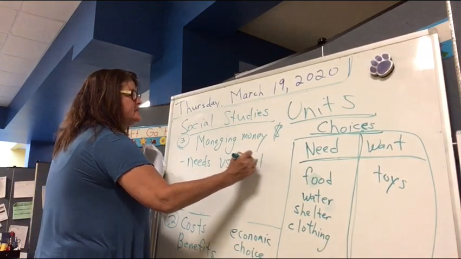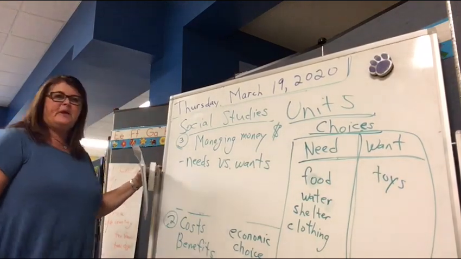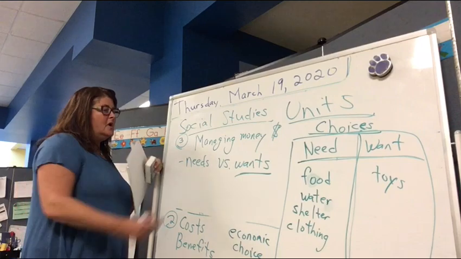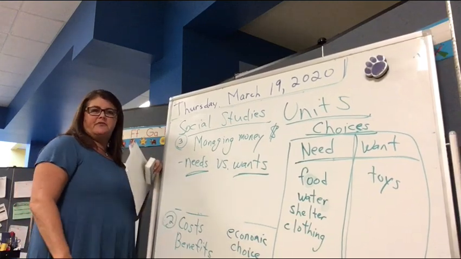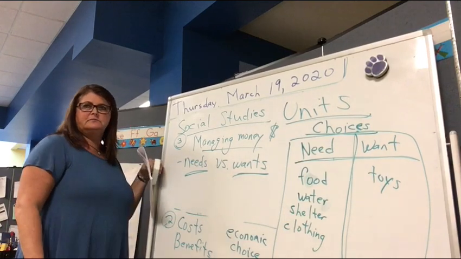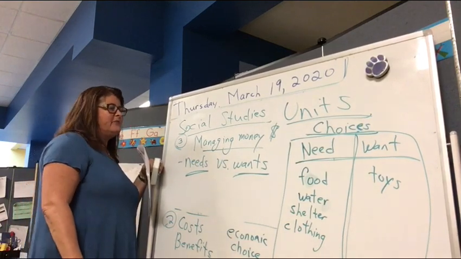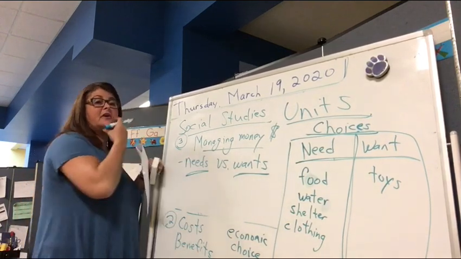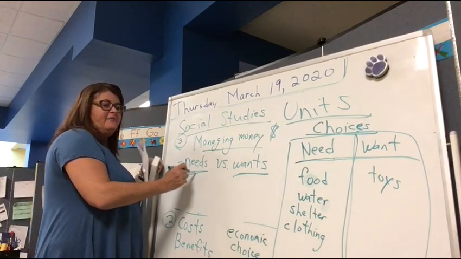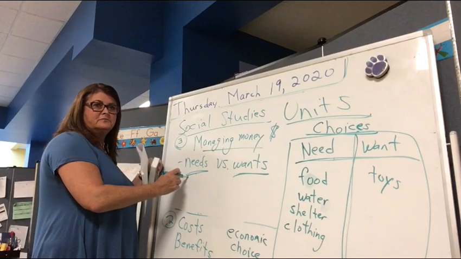versus wants. If you spend all of your money on toys, you're not going to have any money left over for food. You have to manage your money. You have a certain amount of income that you make. You need to have money for your needs.